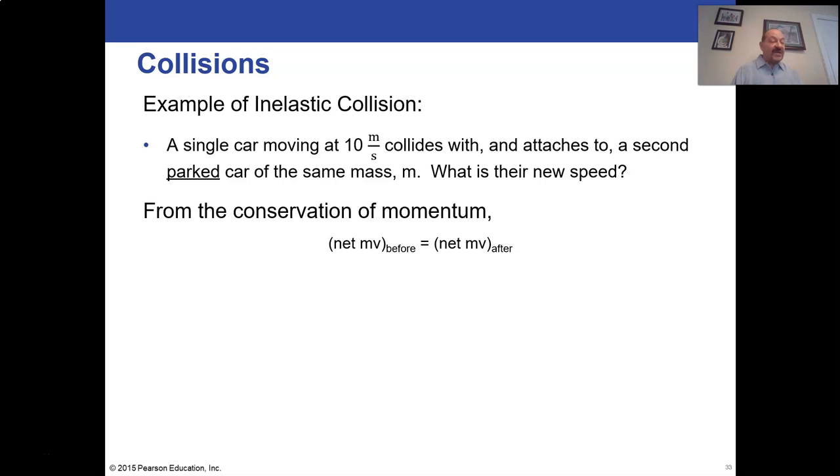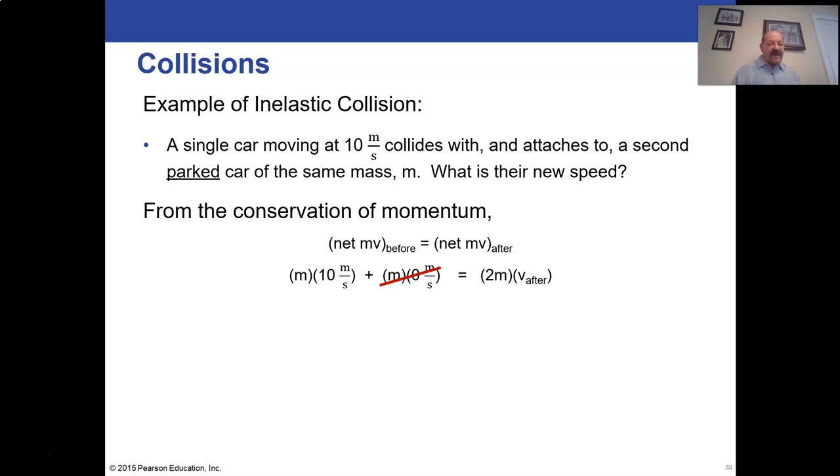Whether it's an inelastic collision or elastic collision, momentum is conserved. So if we add up all the MVs before and add up all the MVs after, well, before we have the mass of the car, which we'll just call M, and its velocity, 10 meters per second. It's really a speed because we're not talking about direction. And then we have a second car that has the same M, but it has zero velocity, so it has zero momentum. We can just cancel that out.